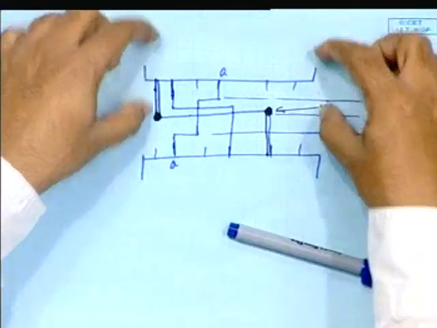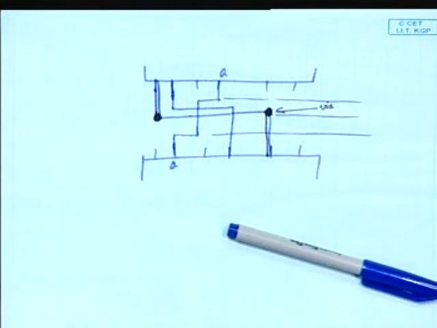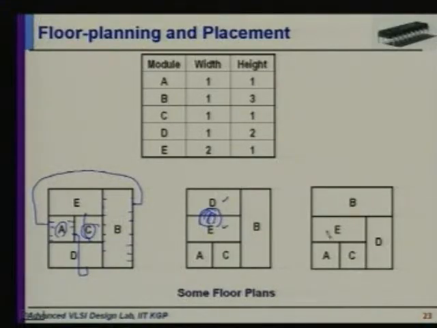So people are looking at many other ways of routing also, not just in channels like this between the modules. You can even use the space on top of individual blocks to do the routing. So let's say that the blocks are placed here and we use one layer above that to do the routing, right? So that's called over the cell routing. And I think there are many different algorithms for doing this and many different kinds of technology.